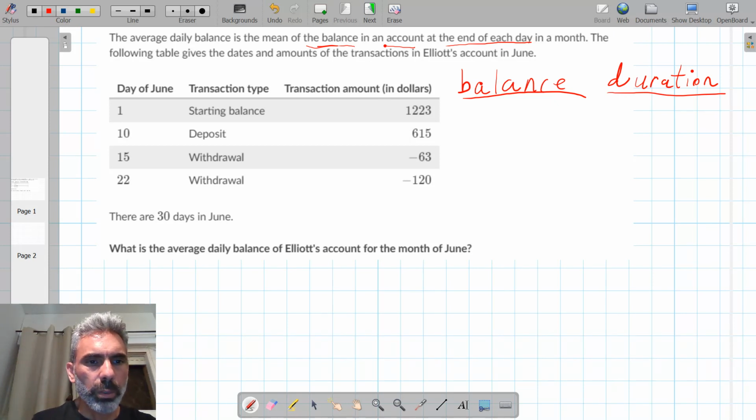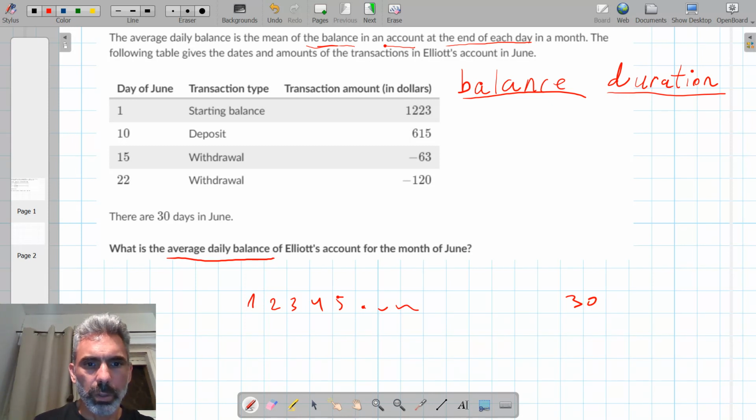The question is, what is the average daily balance? Average daily balance, that is what we are looking for, of Elliot's account for the month of June. So if we had 30 data points, 1, 2, 3, 4, 5, etc., until 30.